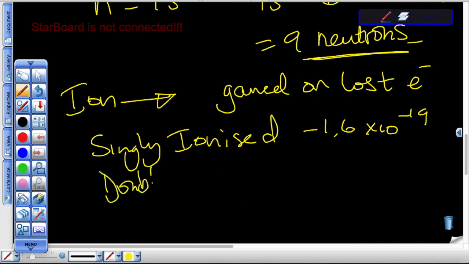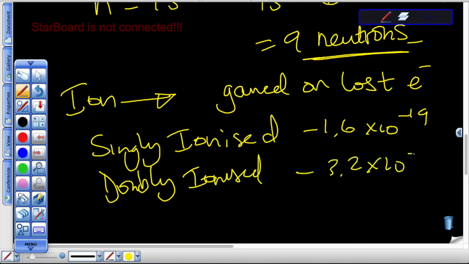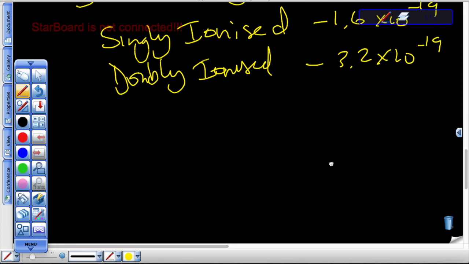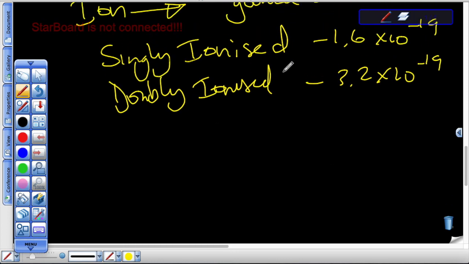If it was doubly ionized, it would have 3.2 times 10 to the negative 19. All you're doing here is working out the net charge, so you don't have to worry about the charge inside the nucleus. It's just from losing one or two electrons, or even gaining one or two electrons.